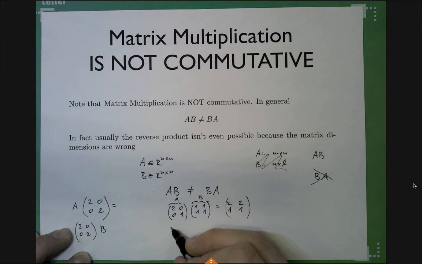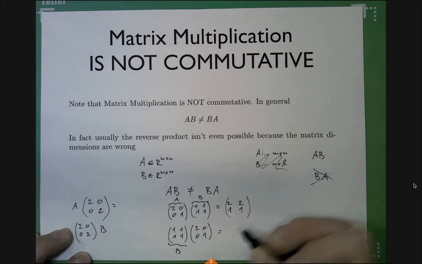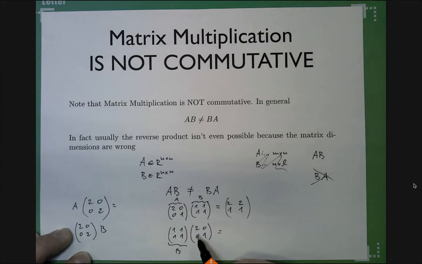What if I flip the order? What if I do first B, that's my B, and then A, 2, 0, 0, 1. So what do I get? First row times first column is 2, so far so good, right? First row, second column, well, that gives me 1. There's a problem out there, but let me finish it.